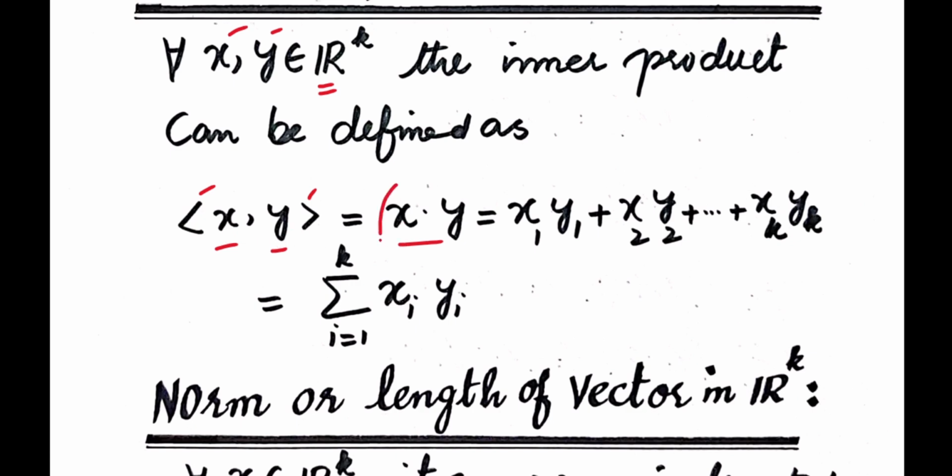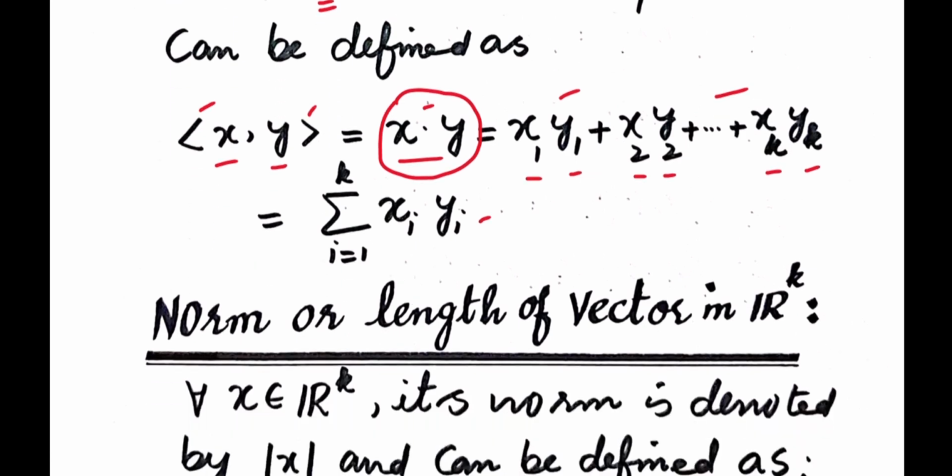Walter Rudin denotes the inner product of two vectors by this notation, and it is given by the sum of products of corresponding components of both vectors. That is, we multiply x1 with y1, x2 with y2, up to xk with yk, and then sum. We have the summation form of the inner product: the sum for i equal to 1 to k of xi yi.